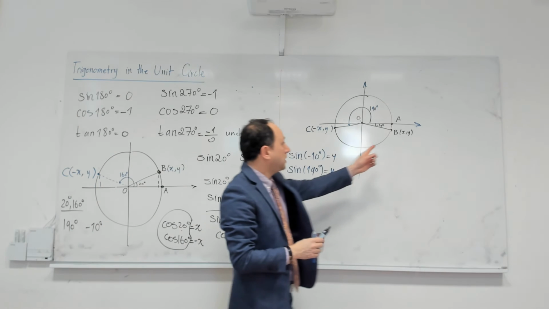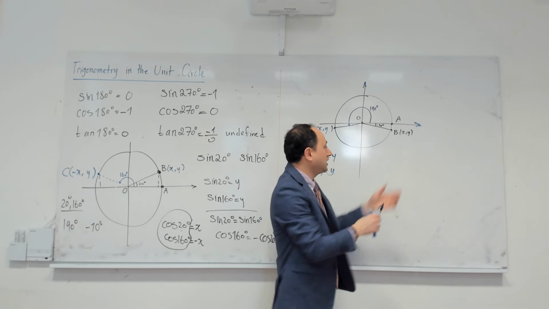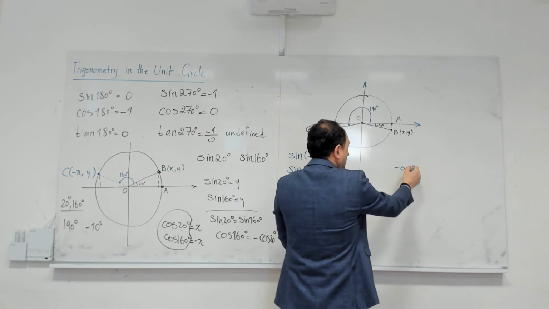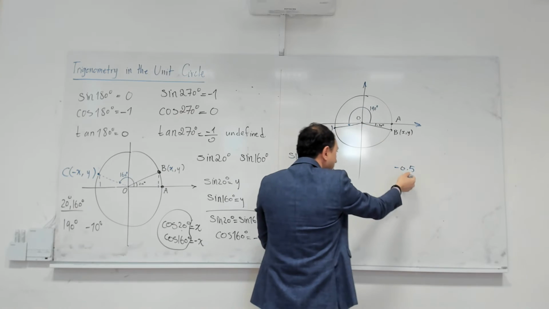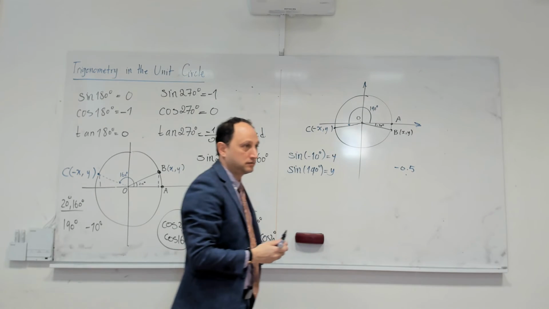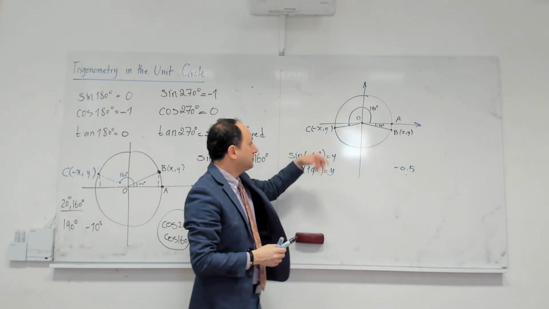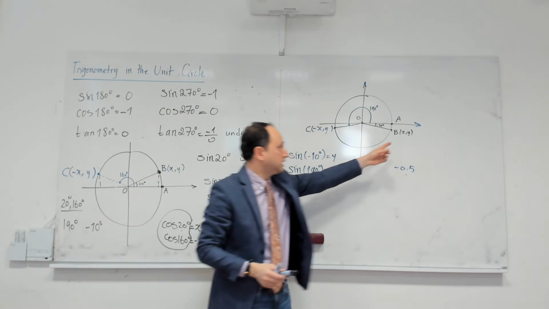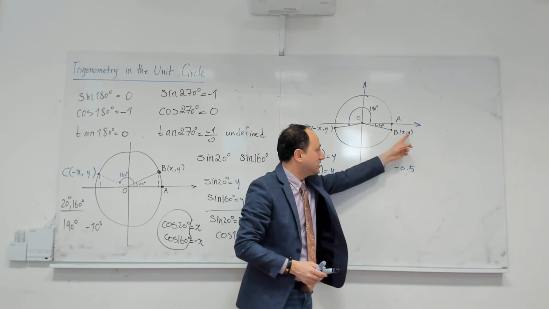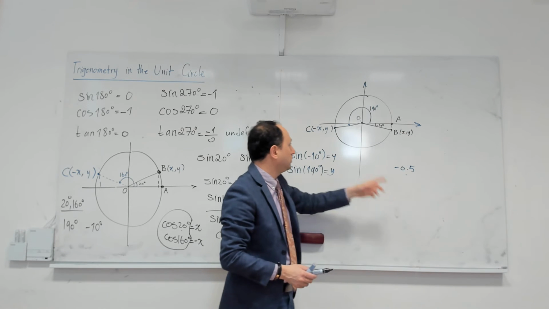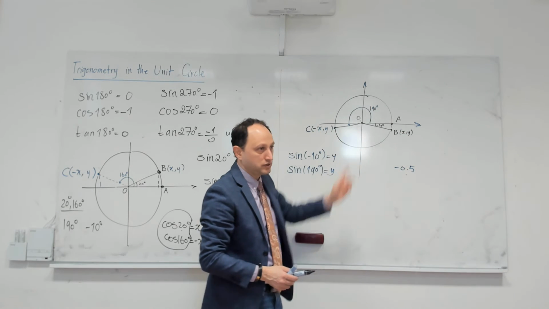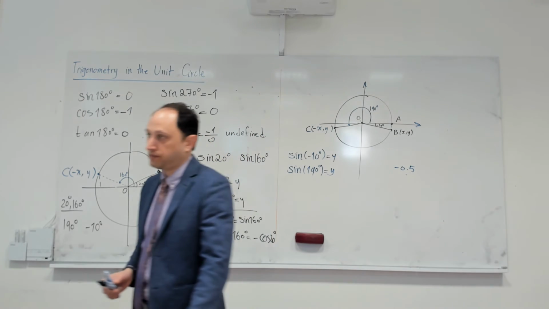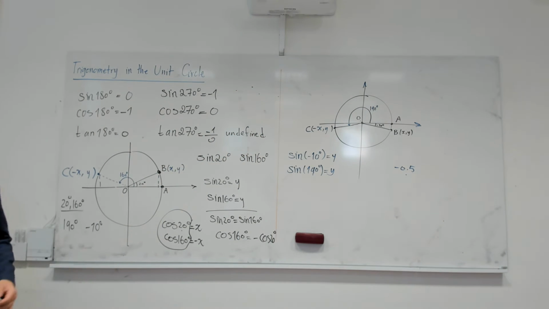If this is minus 0.5, this is also minus 0.5. The negative is built into y itself. So yes, you are right, y is negative. But if this is negative 0.5, my point is that this is also negative 0.5. So they are exactly the same. Is that understandable? This is actually a really important aspect of this new geometry.